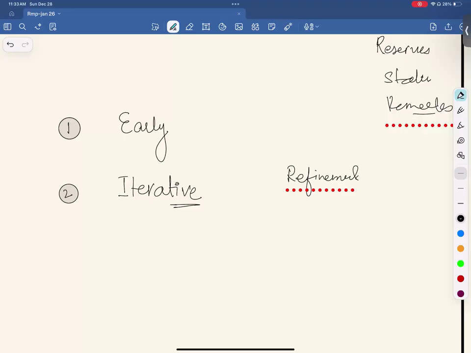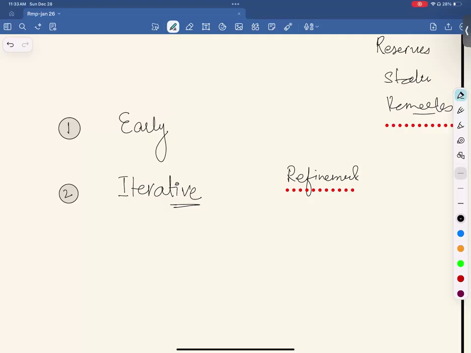It's an activity that you keep on doing again and again. Because as I said, it's not like you always identify risk during the initial stages. You can identify risk during the later stages or in the middle of the project. So it is a continuous activity, right?